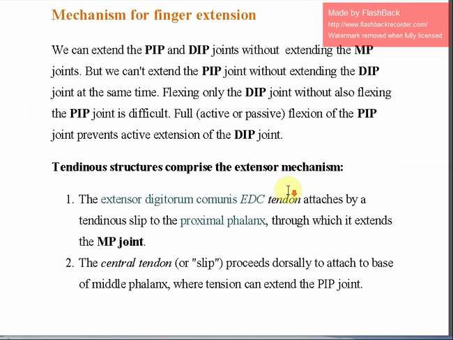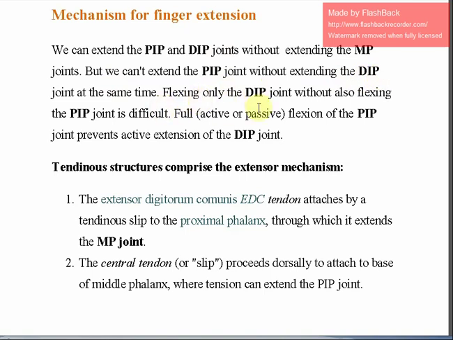Mechanism for finger extension. So we can extend the proximal interphalangeal and distal interphalangeal joints without extending the metacarpophalangeal joints. But we can't extend the PIP joint without extending the DIP joint at the same time.